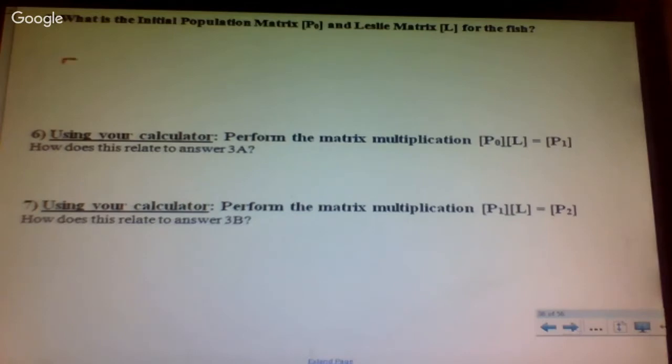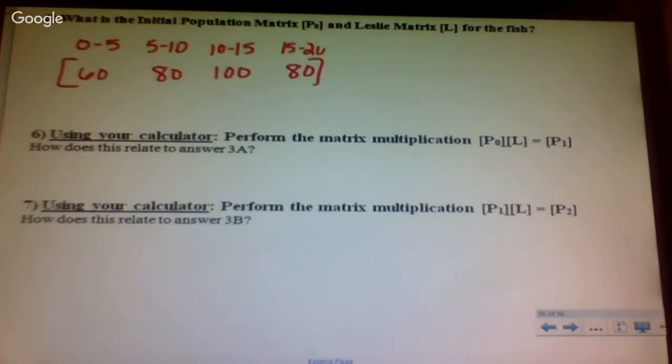We have 60 fish between 0 and 5 years, 80 fish between 5 and 10 years, 100 fish between 10 and 15 years, and 80 fish between 15 and 20 years. This is your population matrix.